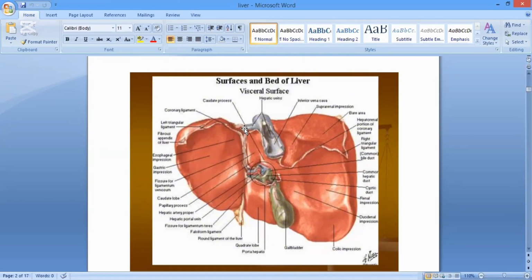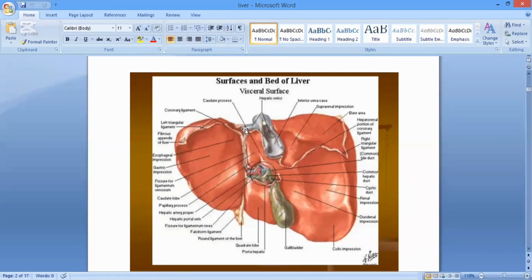So this umbilical or left sagittal fissure is basically bearing two fissures, anteriorly and posteriorly, and both of these fissures have a relation with a fetal remnant. The anterior one is the fissure for the ligamentum teres, which is the fibrous remnant of the left umbilical vein, whereas the posterior fissure is related to the ligamentum venosum.